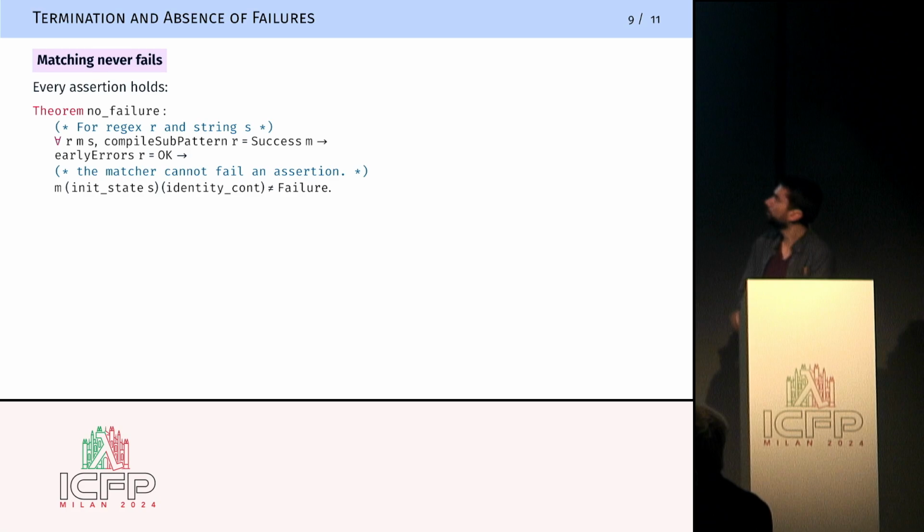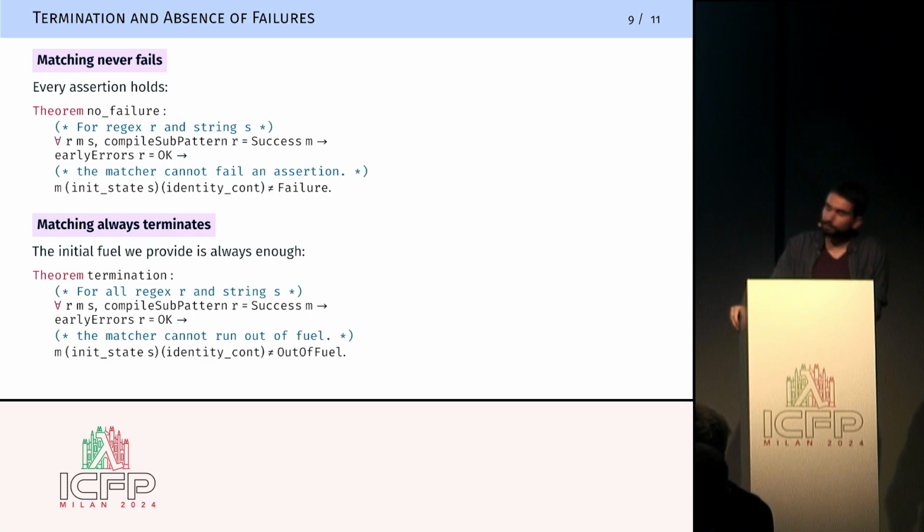And so we could state and prove the following theorem, saying that for any regex and string, the matchers that are produced by compilation cannot fail, meaning that no assertion can fail and no array access is going to be out of bounds. We can also check, similarly, because we introduced fuel, that we're never going to run out of fuel, meaning that the initial fuel that we computed is always enough. We can check that for any regex and string, the matchers cannot run out of fuel.